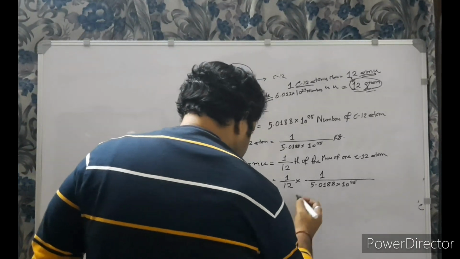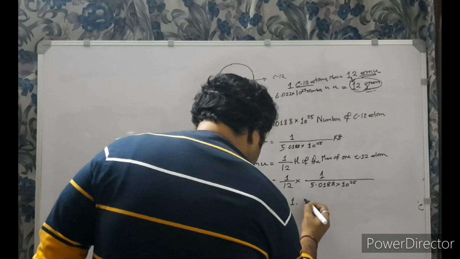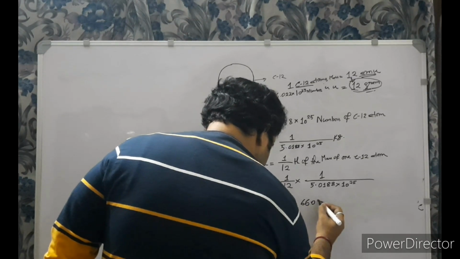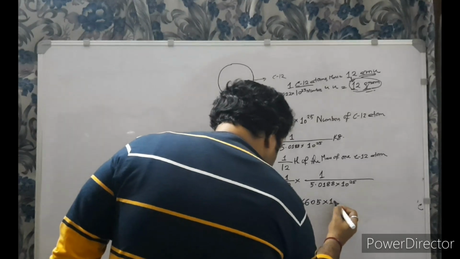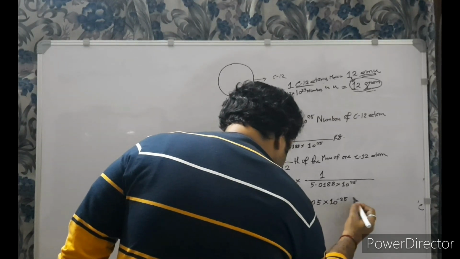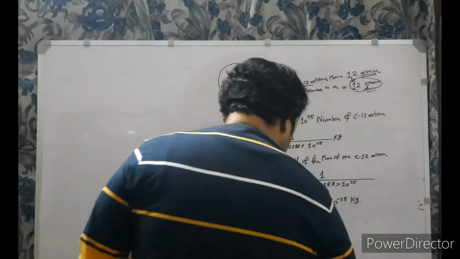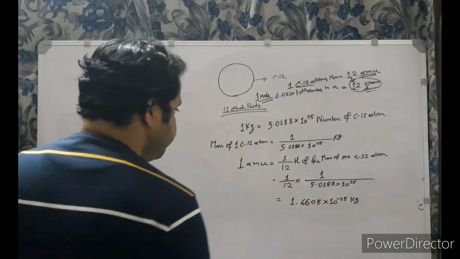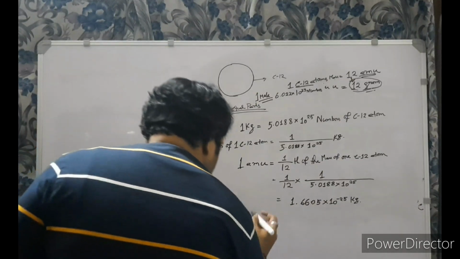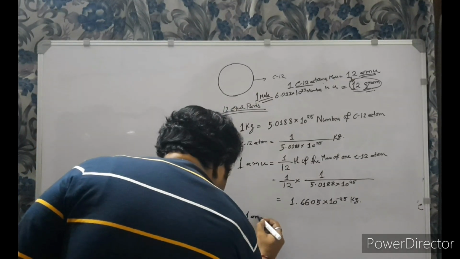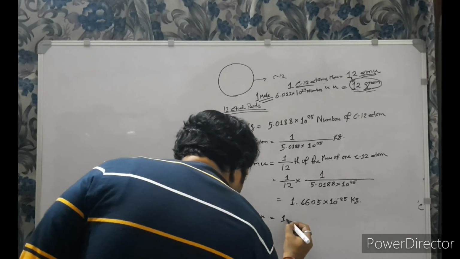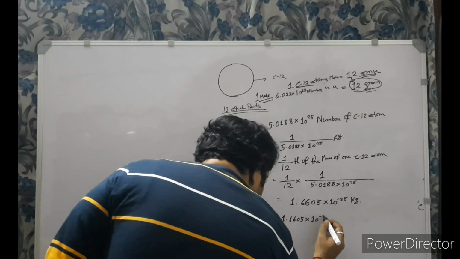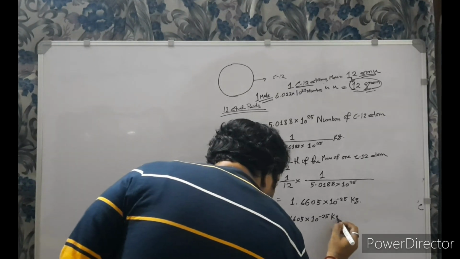So it gives 1.6605 into 10 to the power minus 25 kg. Calculate this, it will be this value. So the numerical value of one atomic mass unit is equal to 1.6605 into 10 to the power minus 25 kilogram.